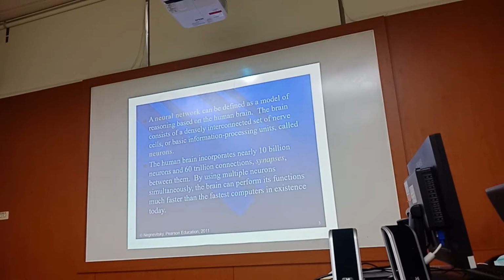So a neural network can be defined as a model of reasoning based on the human brain. In a previous course I asked students to watch a video about how our brain operates, because the brain is an important part. It controls our mind and our body.